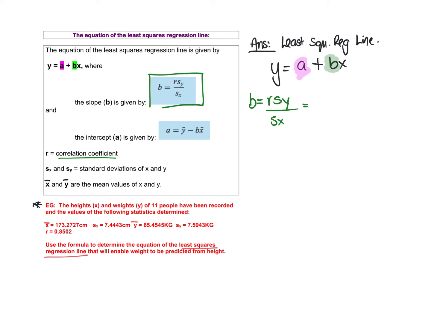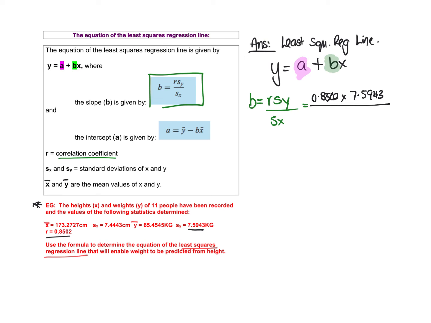All right. So we can go down here and just get the values out of the example. They said R was 0.8502. Then I'm going to times it by SY, which I can see is 7.5943.